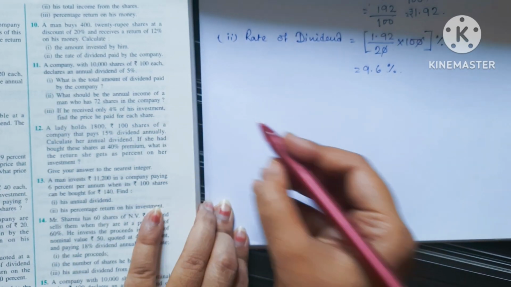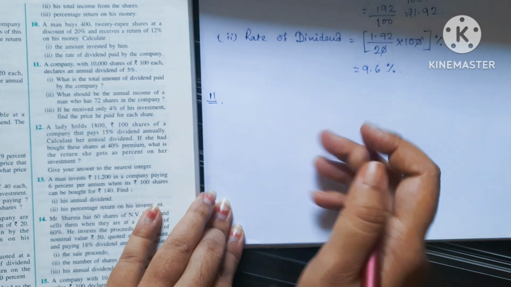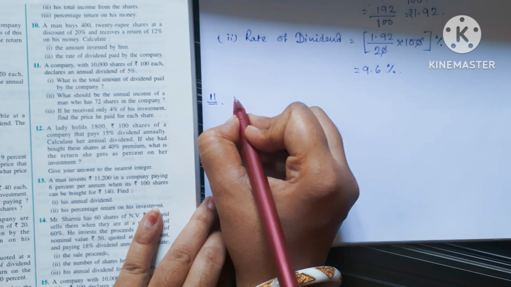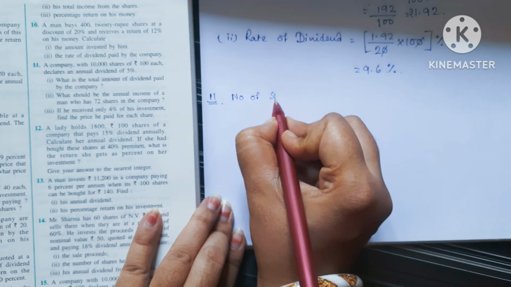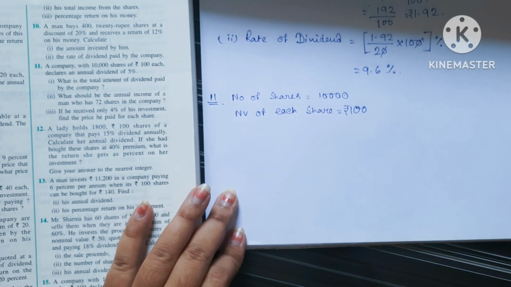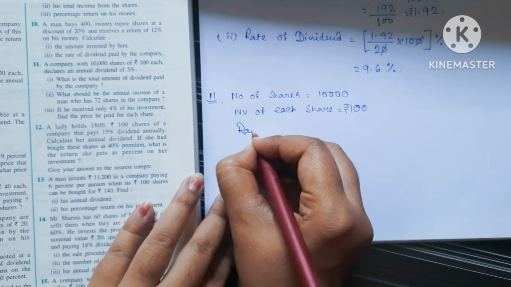Question number 11. A company with 10,000 shares of rupees 100 each. So the number of shares, the nominal value of each share, and 8% annual dividend, so the rate of dividend.